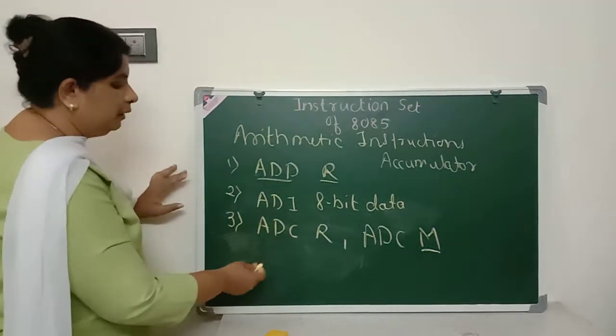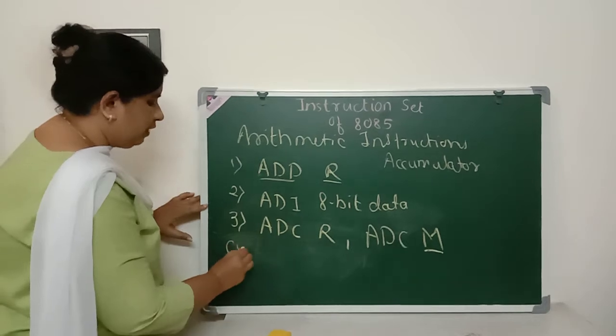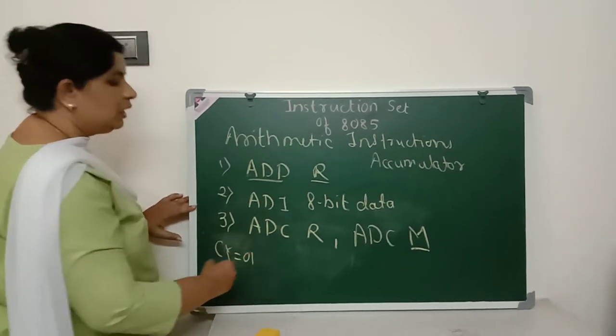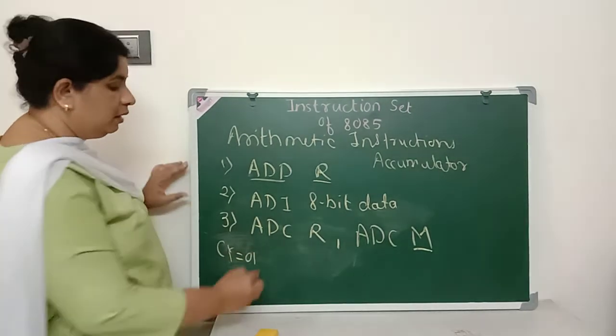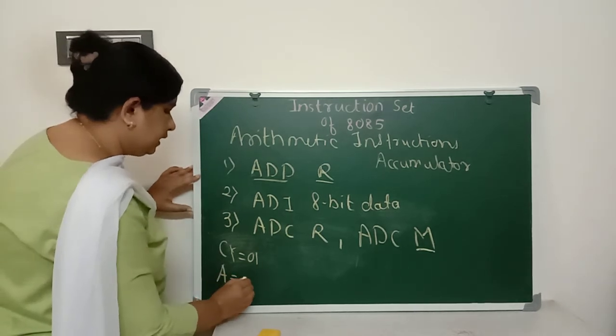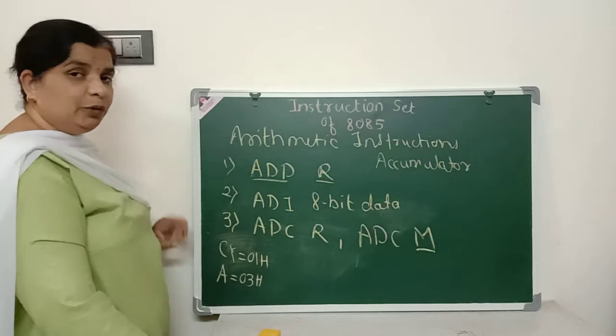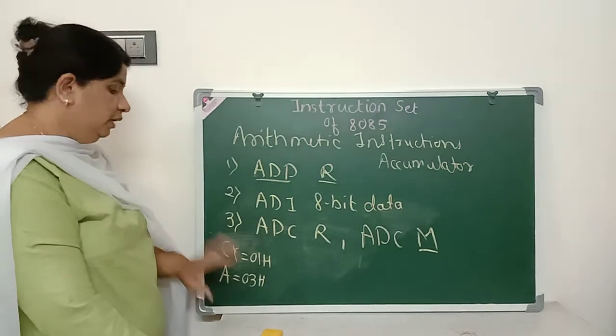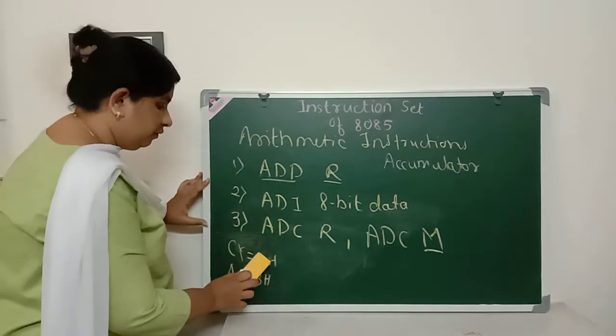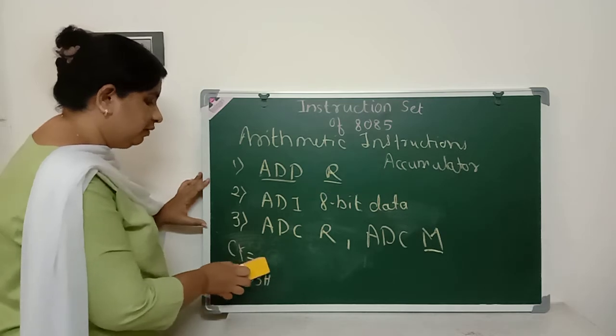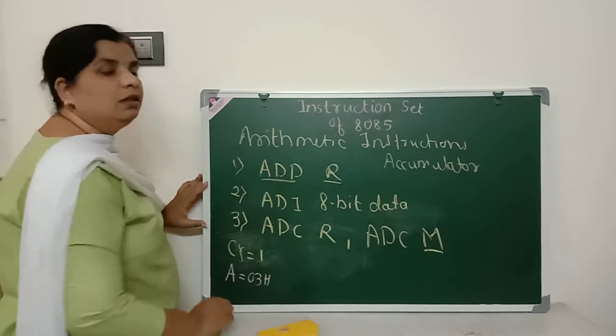So for example, suppose the carry flag is 1 and the accumulator consists of 03H. We should mention the carry flag because the carry flag is a single bit flag.